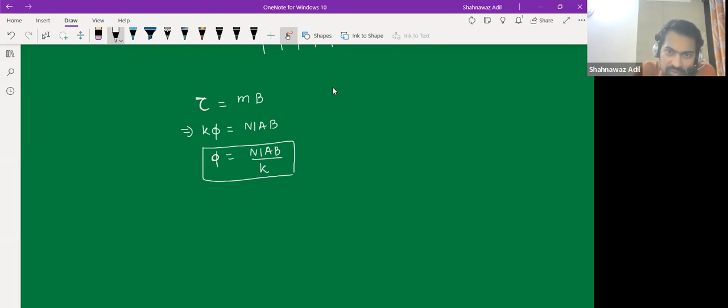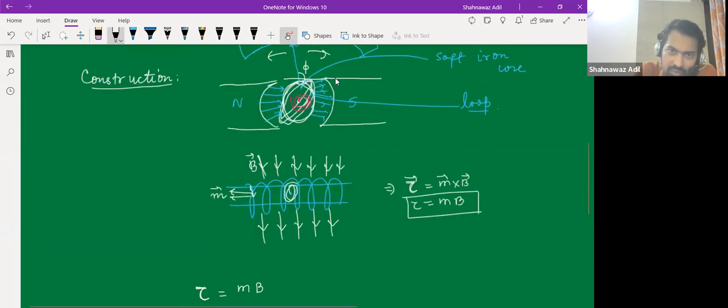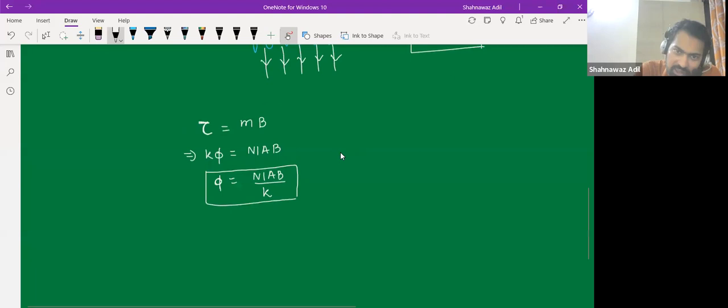Yes, A is fixed, right? A is constant, and B, B is constant, yes. And N, and K. Good. So these are the things which are constant.